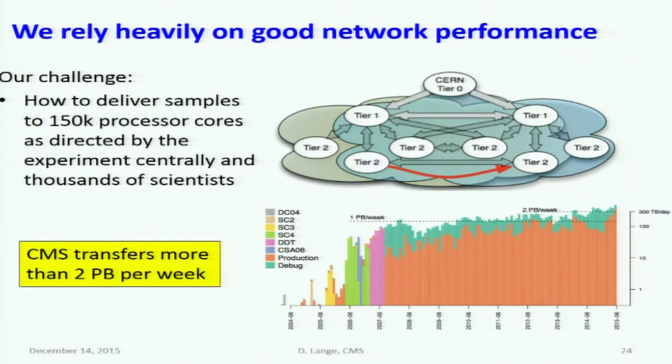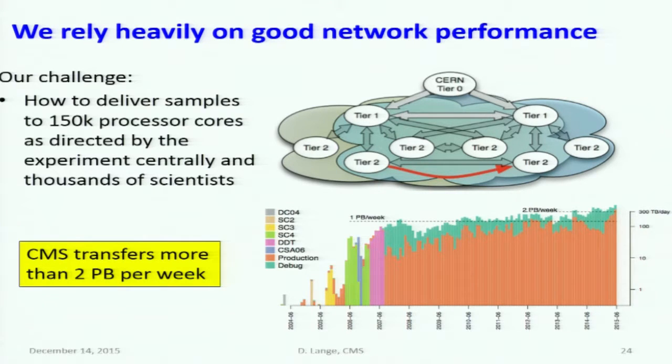And you can see that's what's changed over time, is that networks, the scientific networks around the world, have gotten good enough that tier 2s can talk to each other, can talk to any tier 1, and similarly tier 1s can talk to other tier 1s as well. So this is a pretty interesting graph that the fonts are probably too small to see, but it's on a log scale, the transfers that CMS is doing per week over the last decade.